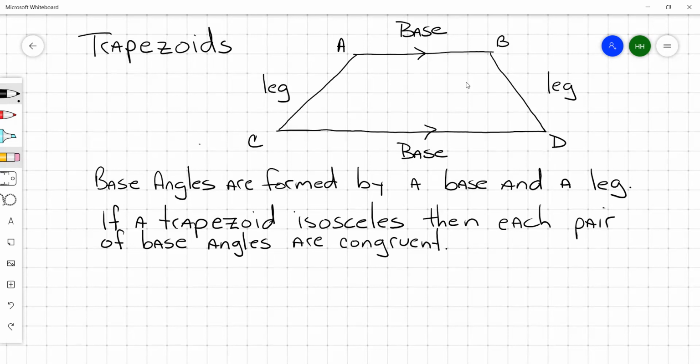All right, so an isosceles trapezoid would look like this.